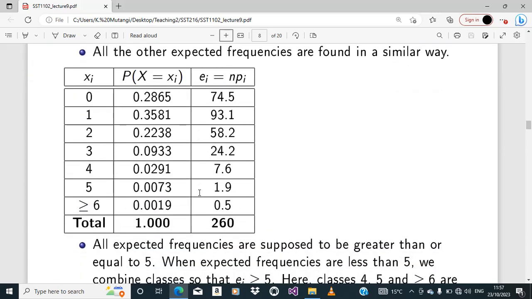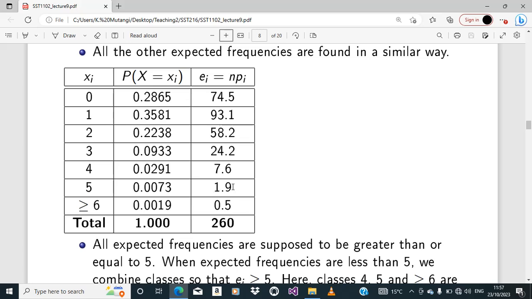We then take note of the fact that the expected frequencies should all be greater than or equal to 5. So here you see 1.9 is smaller than 5 and 0.5 is also smaller than 5.